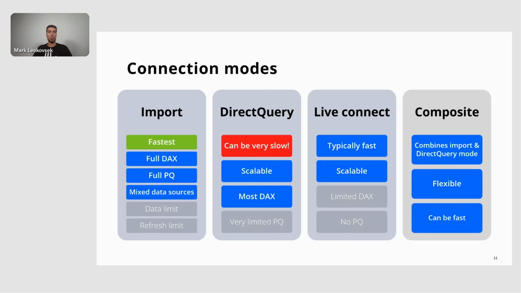I'm sure pretty much everyone in Power BI will know who Marco Russo is, but he's one of the guys behind SQLBI, and these are his words verbatim: Import mode is 10 to 100 times faster than DirectQuery, even after optimizations.